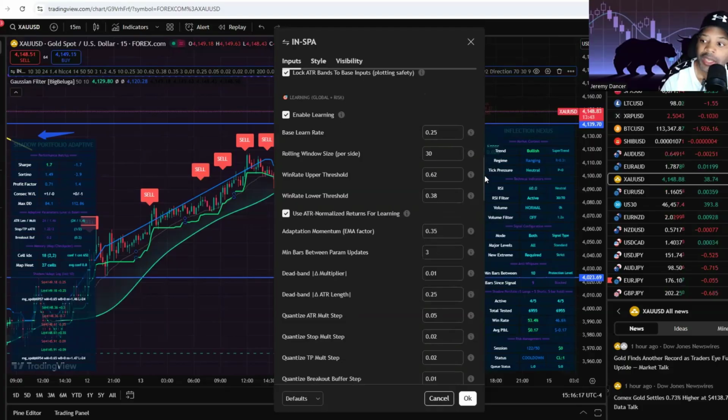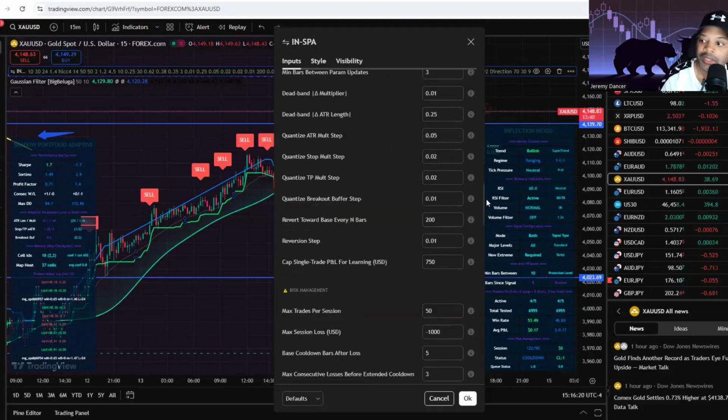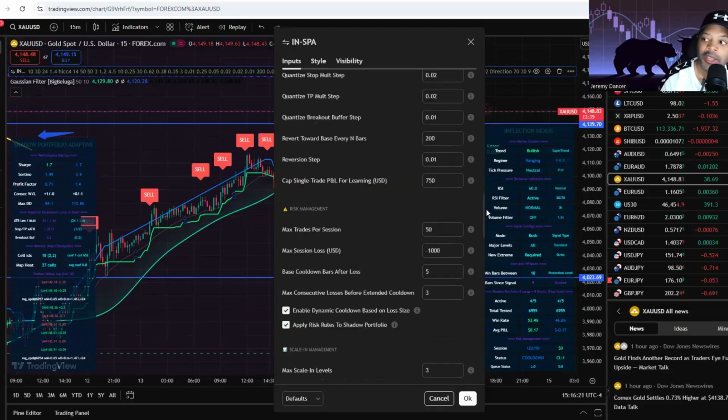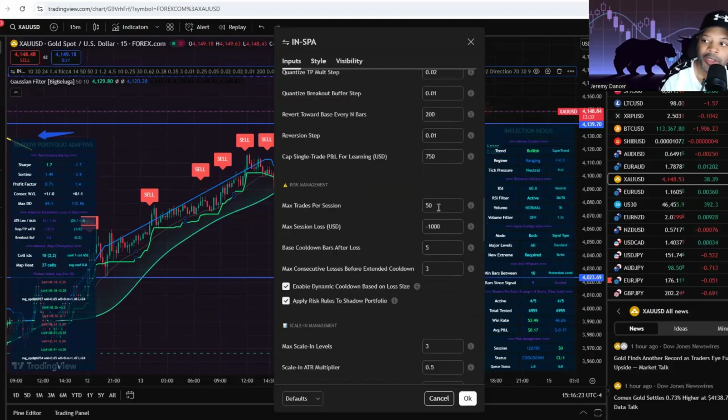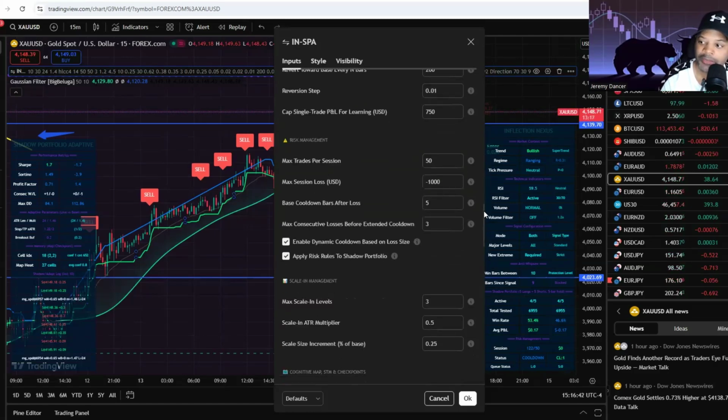Okay, and let's see. Risk management. The higher the number, the more trades or more signals it gives. If it has too many losses, then it's going to take a break. And I'm going to go into some of the sell signals that you see on my screen, so that I can make sense of that for you guys.